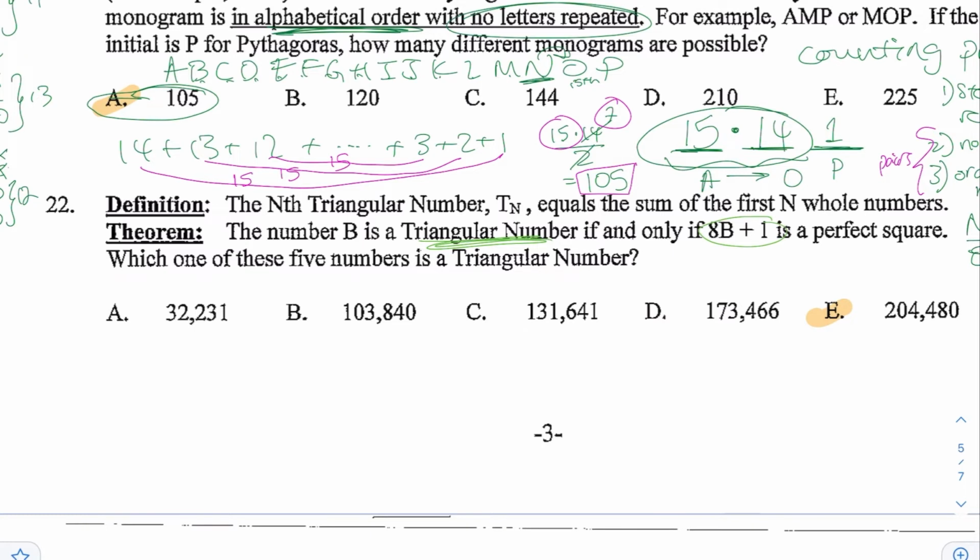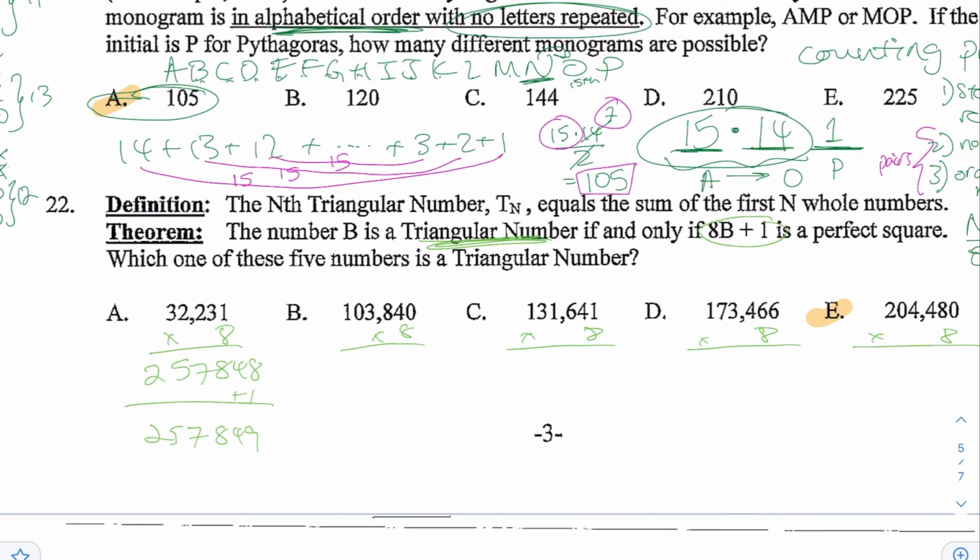So here, if you look at all these choices and you multiply by 8, and then you have to add 1. So we have 32,231 times 8. And add 1, that's 257,849.